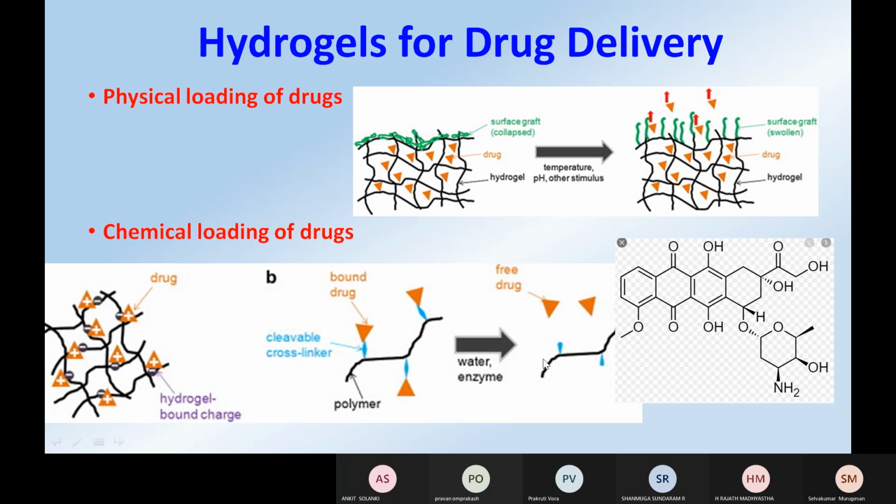Okay. And in the case of chemical drug loading, you are attaching the drug chemically to the main chain of the polymer. As a result, the drug and the main carbon chain will be linked by a cross-linker. If you want to release the drug, you have to dissociate this bond, to cleanly break those bonds.